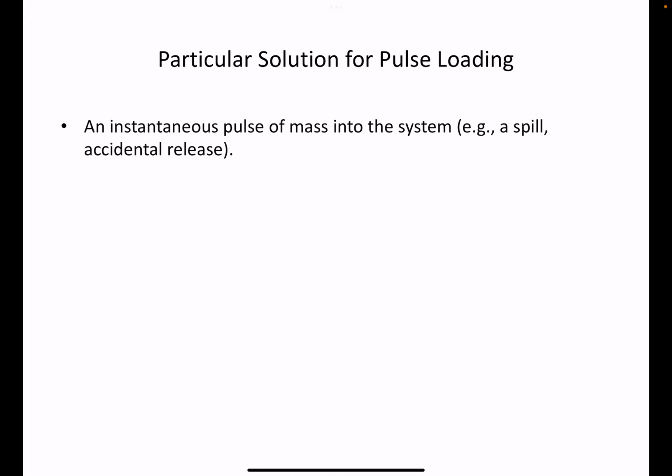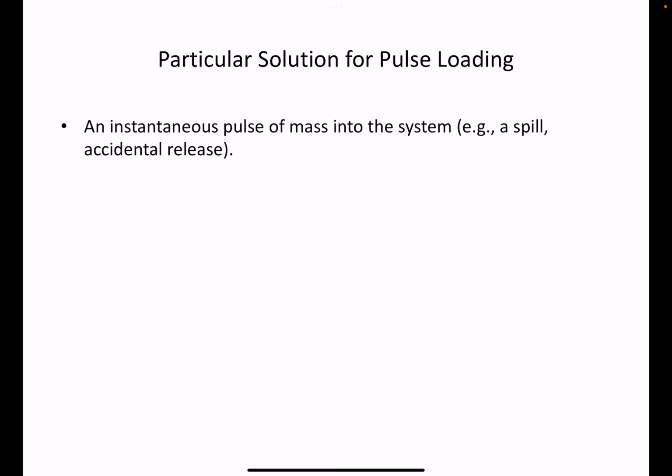Let's start with pulse loading. Pulse loading means an instantaneous pulse of mass into the system. For example, let's say a truck on Jaber Bridge has a car accident and the whole truck falls down into Kuwait Bay.